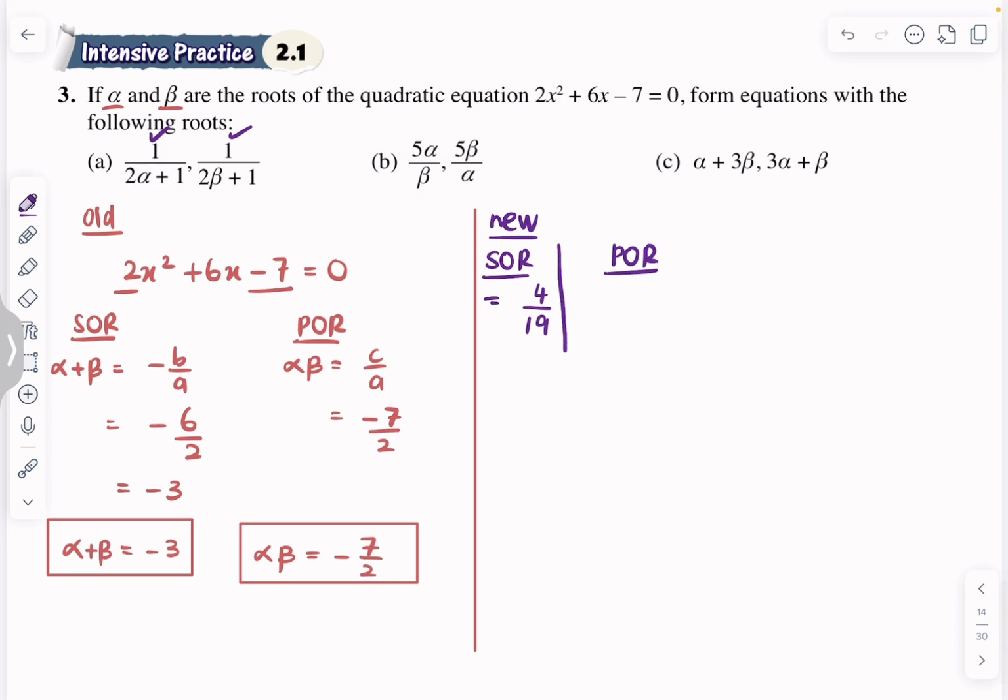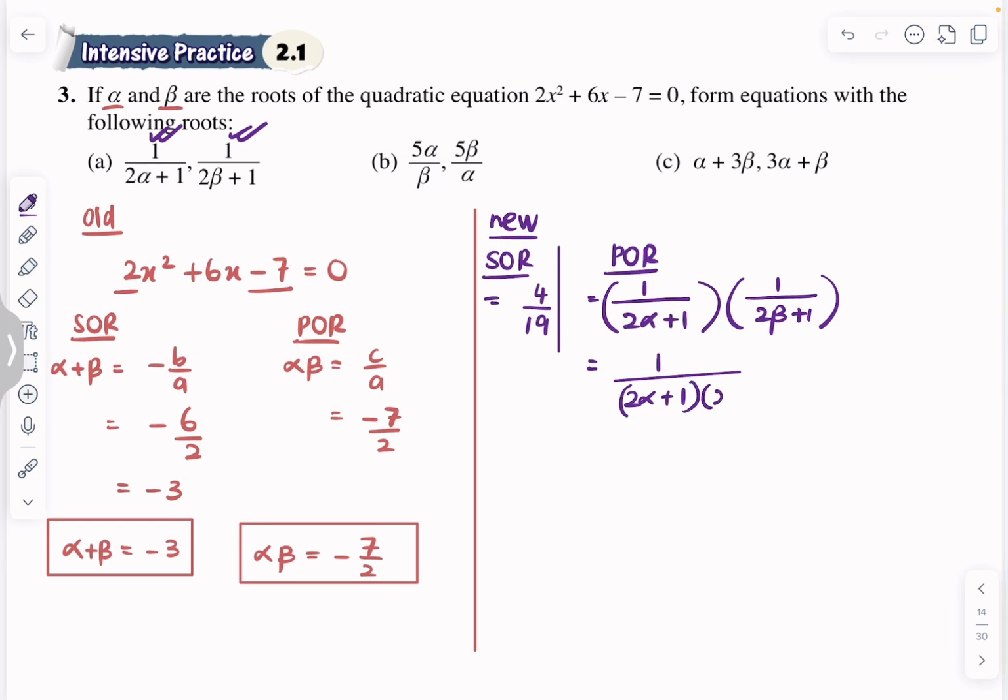Product of roots will be the product of these two. So it will be 1 over 2 alpha plus 1 times 1 over 2 beta plus 1. So 1 times 1 is 1. Then bottom here we'll get 2 alpha plus 1 times 2 beta plus 1. Actually we already expanded this just now, but it's okay, we expand again.